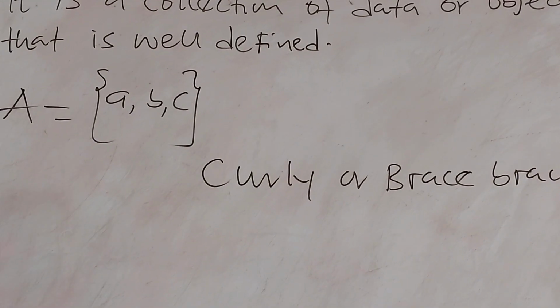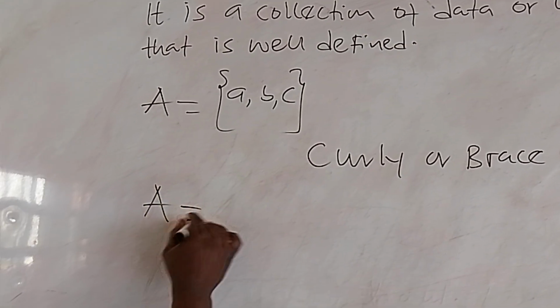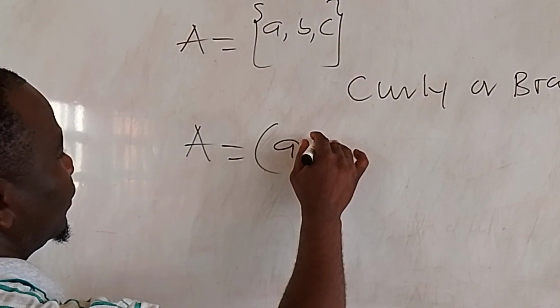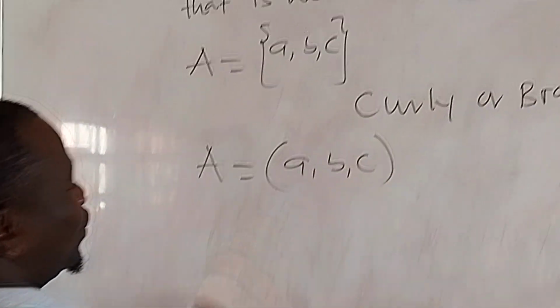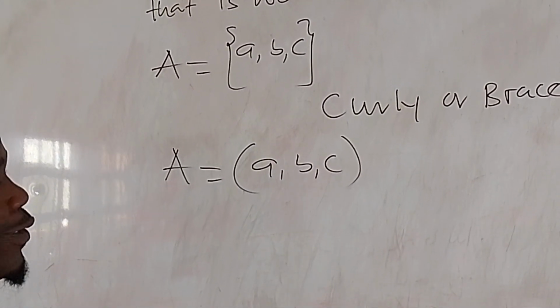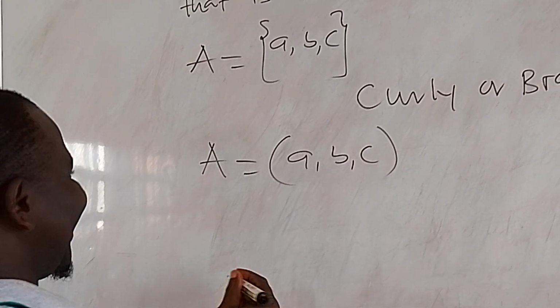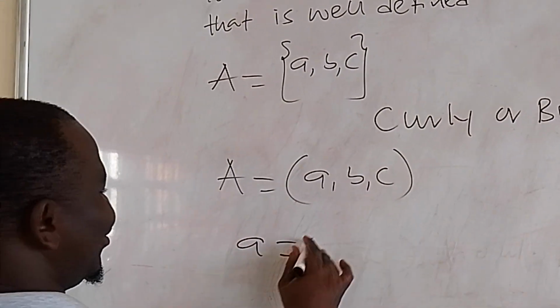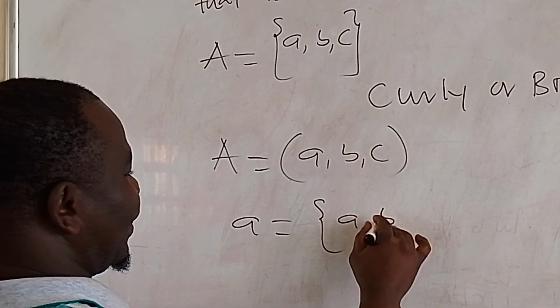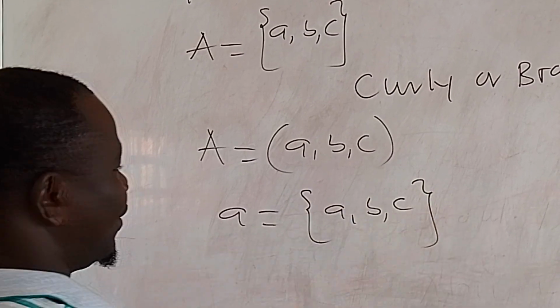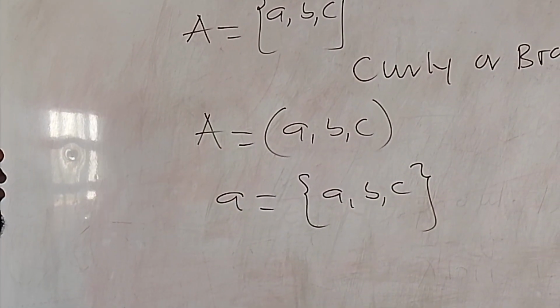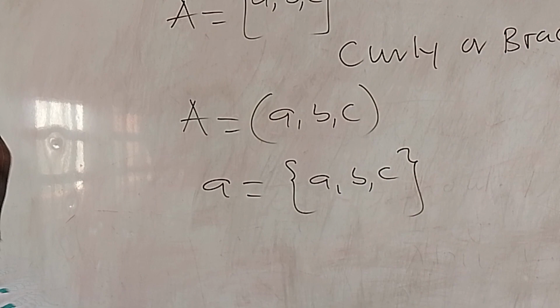And note that sets can never be in this form. Set is not a bracket. And set can never be written as A equals to. Take note that this is not a set.